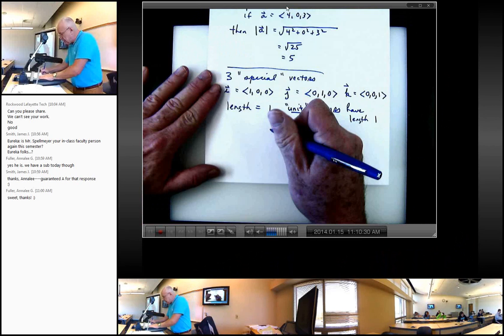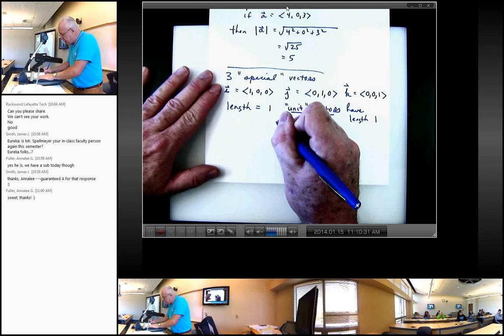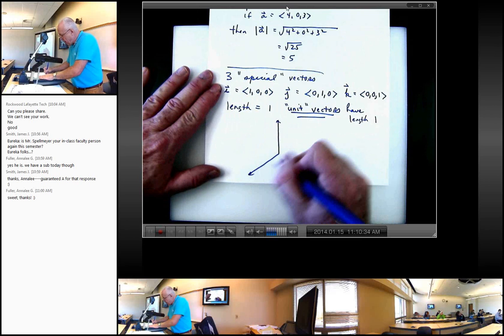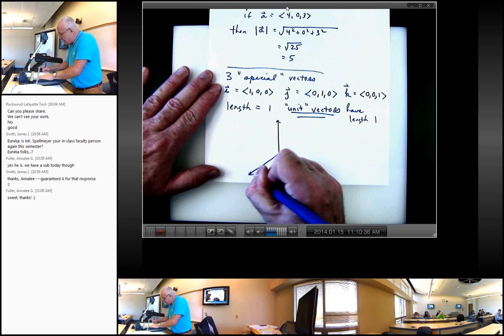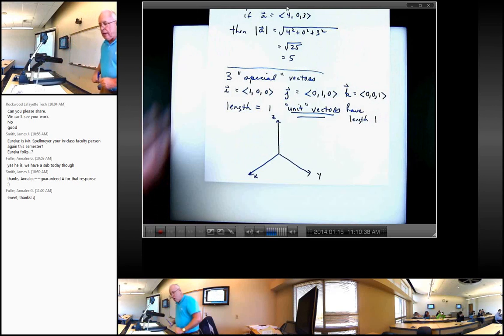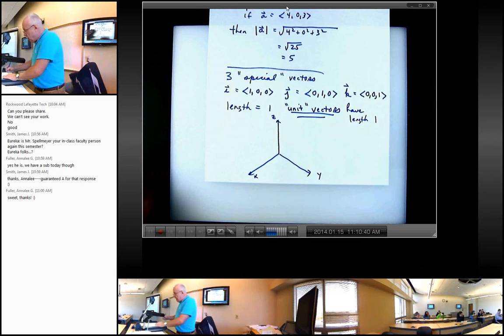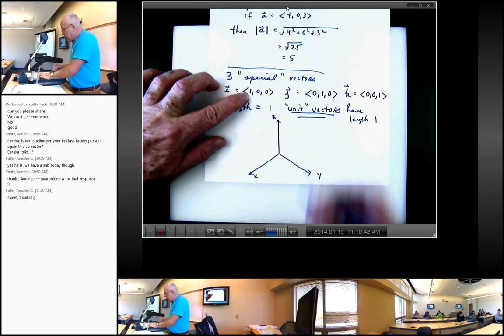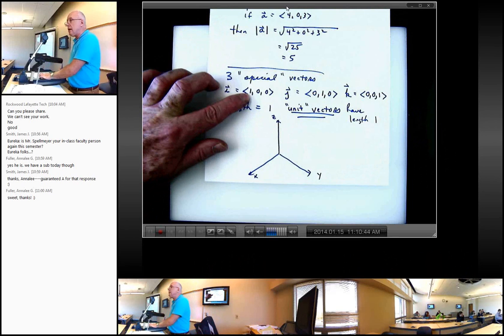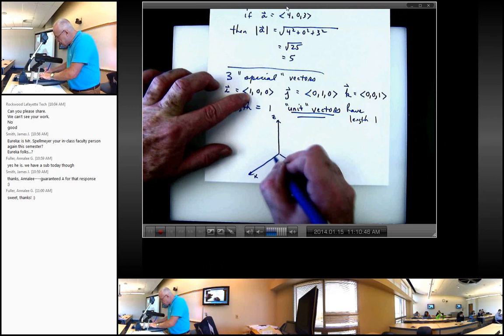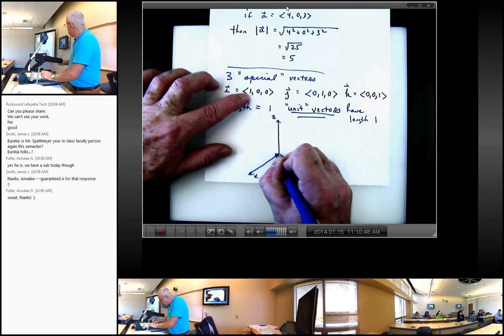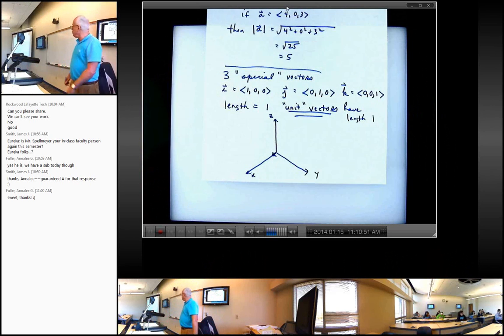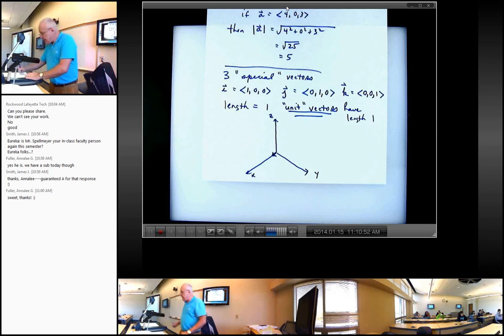And let's look at what these things look like geometrically. So here's x, y, and z. The i basically points only in the x direction, so it's like this. I can try to make that a little bit darker. Okay, I did that, and that would be the i.